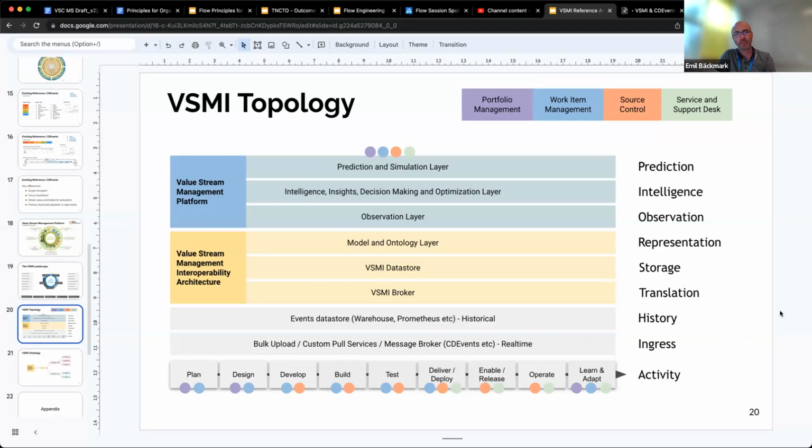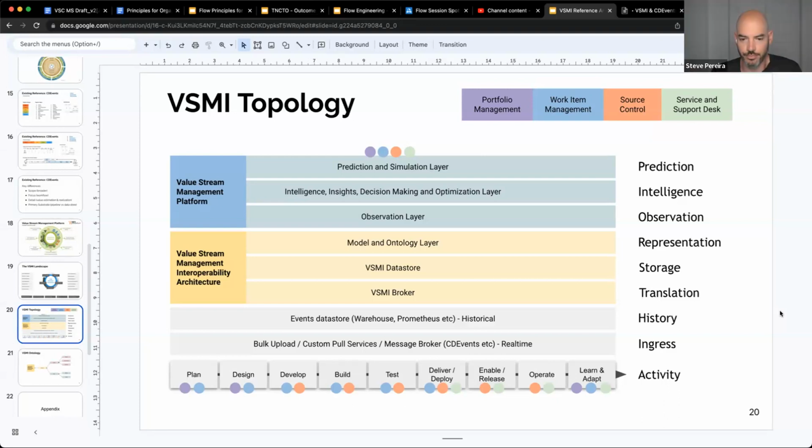And in the CDEvents ecosystem, there could be services that listen to CDEvents and then go out to those external services to pull information. So pull services should exist in the landscape, but not as part of the protocol itself. But URLs or references to such services are in scope to keep in the protocol, I think.